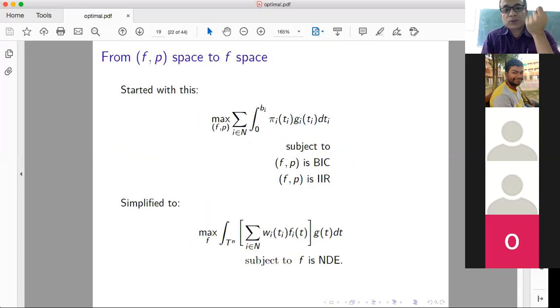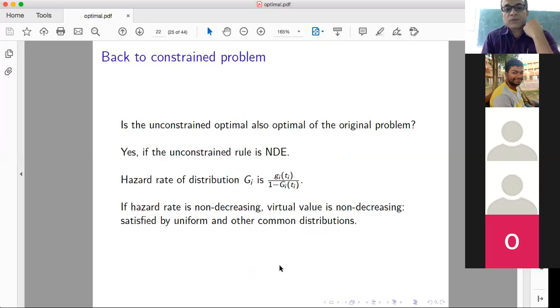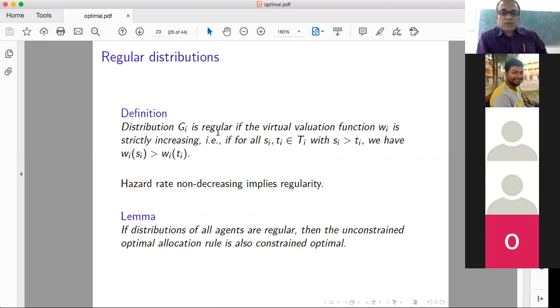This does not ensure that this NDE constraint is satisfied. But what we showed is that the NDE constraint can be satisfied if the virtual value function is non-decreasing. Okay, and one way to make that non-decreasing is to assume that the hazard rate is non-decreasing. Okay, and that is what we call a regular distribution. So any distribution G_i is regular if the virtual valuation function is strictly increasing.